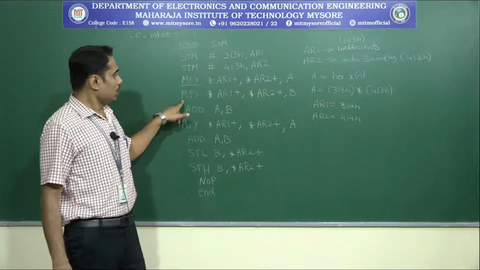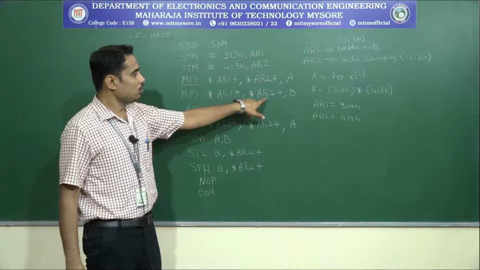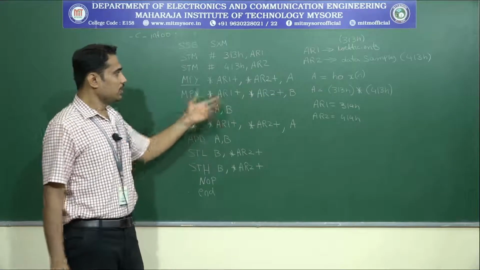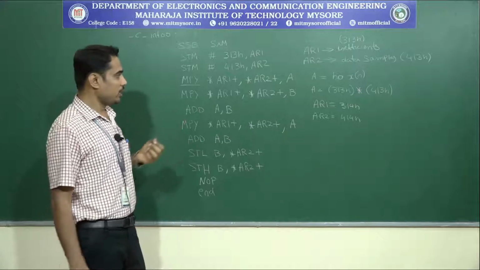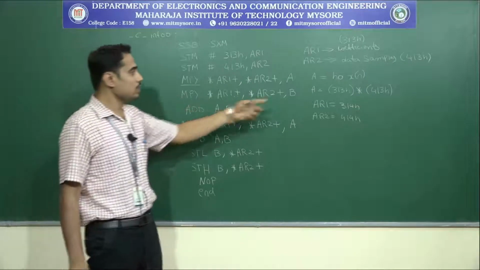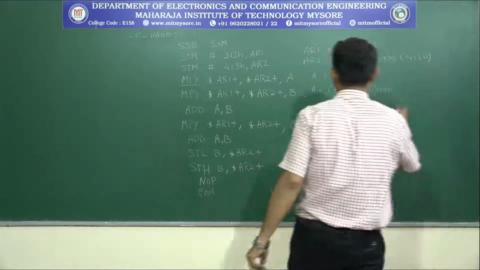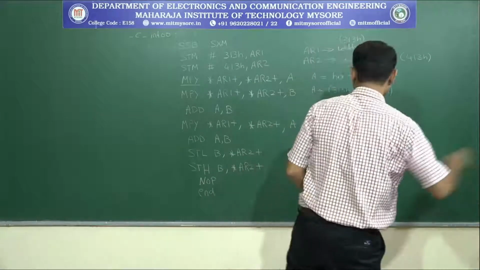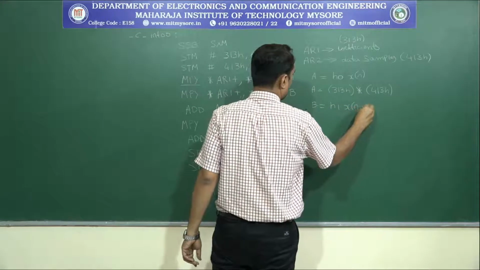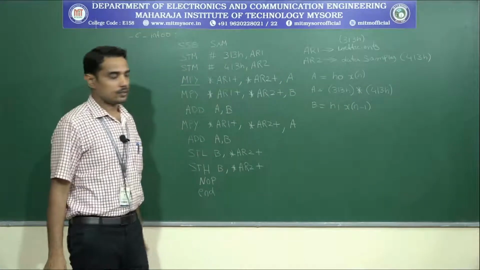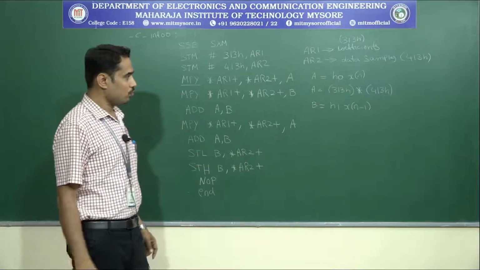Next, MPY *AR1+, *AR2+, B. This implies we have to take the second product and store that second product in accumulator B. This implies B is equal to H1 into x of n minus 1.